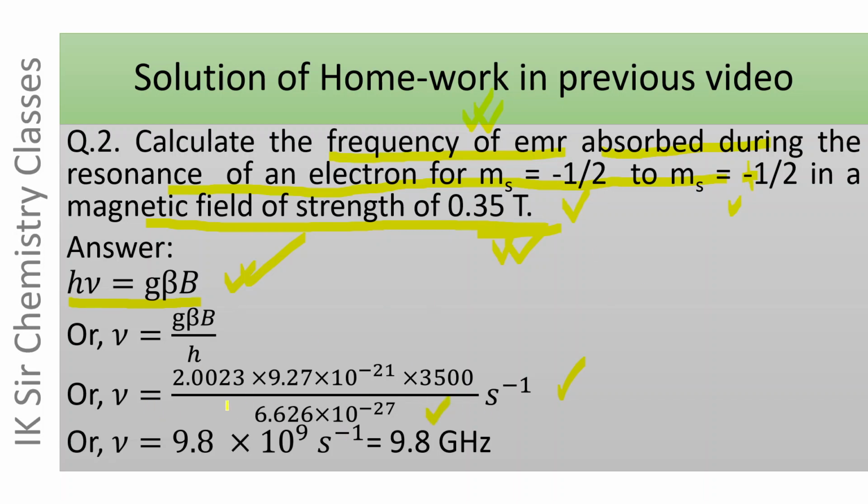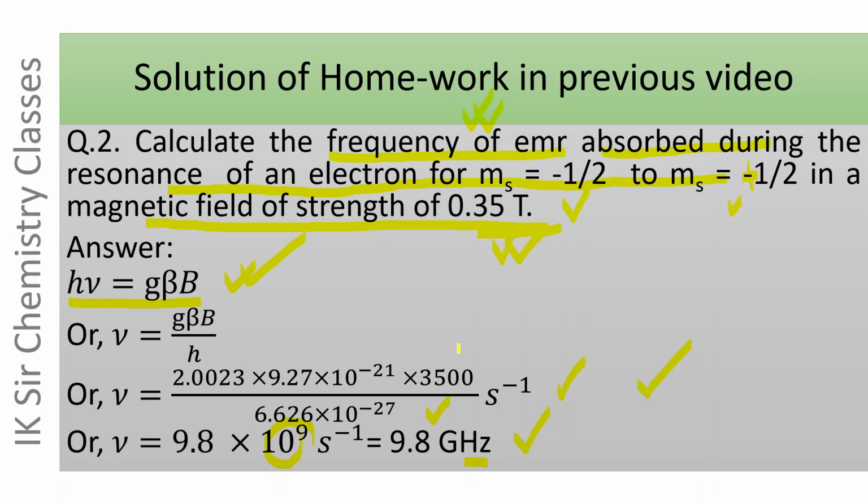The overall unit will be per second, and on solving this expression, nu will be equal to 9.8 into 10 to the power 9 per second. Per second is known as hertz, and 10 to the power 9 is known as giga, and the answer may be written as nu is equal to 9.8 gigahertz.